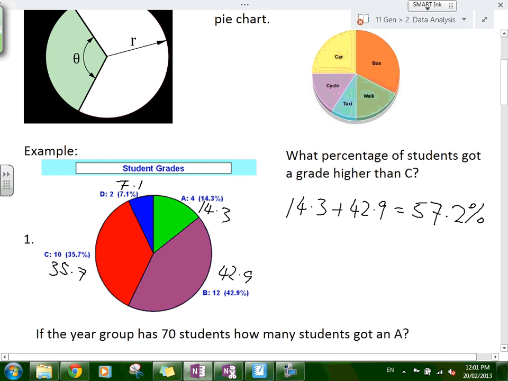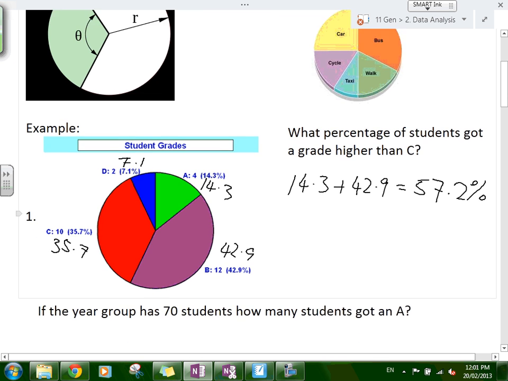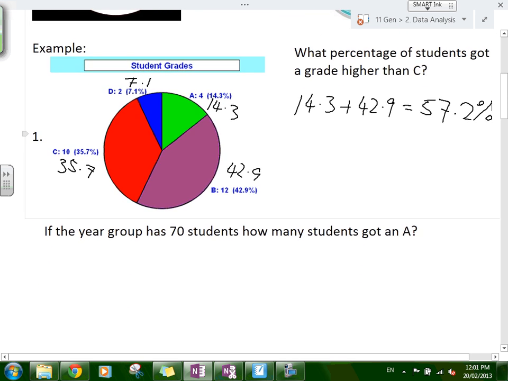Often, if you do one in Excel, for instance, you can set it so it tells you the percentage, or it tells you the score, which means you can find the percentage. Now, the other thing here is, if the group has 70 students, how many students got an A? How are we going to work this one?